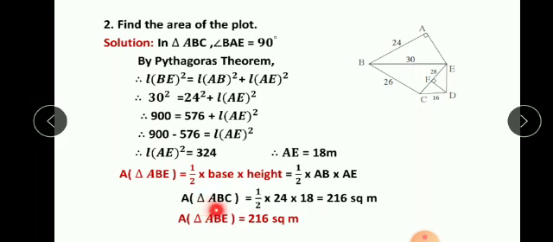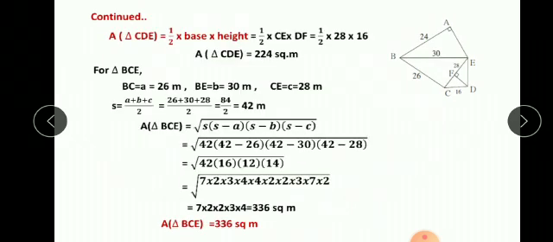Here AB is 24, and AE we have just found as 18. So half into 24 into 18 is equal to 216 square meters. Therefore, area of triangle ABE is 216 square meters. Okay children?